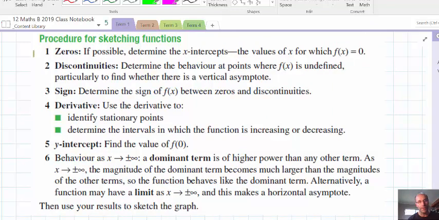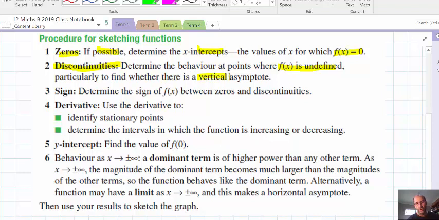Here's a suggested procedure for sketching functions, and it's 6 steps. The first thing we want to look at is the x-intercepts, or the zeros, if they exist. Not all functions have x-intercepts, and as you know, set f(x) equal to 0 to solve for x, or set y equal to 0. Then, if there are any discontinuities, they're places where the function is not defined, and we need to determine the points where that happens, and there may be an asymptote.